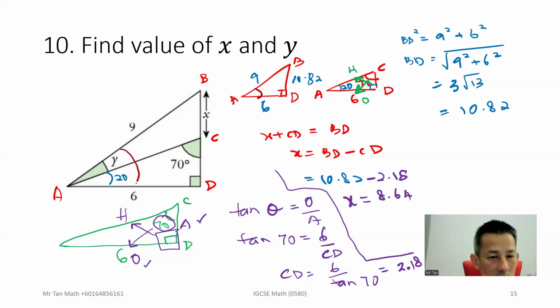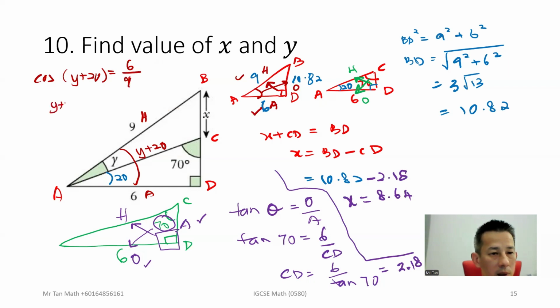Partly here, so this will be Y plus 20. Okay. So we take this triangle. This will be the H. This will be the O. This will be the A. So it's 9 and 6 is A and H. So this will be the H. This will be the A. Therefore, cos Y plus 20 is equal to, because A and H, A is 6, H is 9.